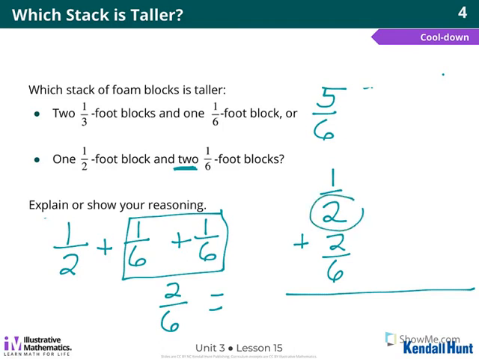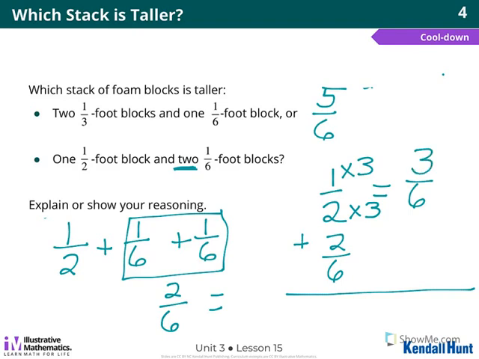So I'm looking at my denominators. I have a 2 and I have a 6. The first thing I notice, 2 goes into 6 evenly. So I'm only going to change 1/2 to have a denominator of 6. I'm going to think, 2 times what number gives me 6? 2 times 3. What I do to the bottom, I do to the top. 1 times 3 is, of course, 3.